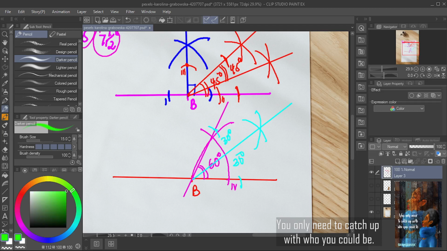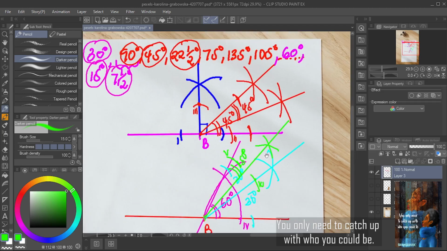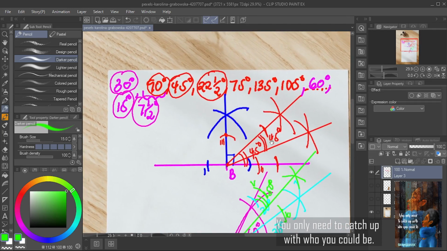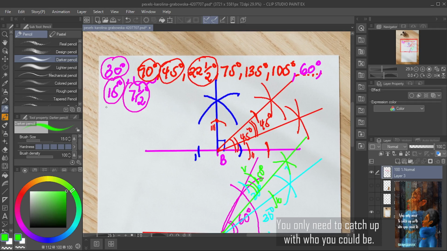If I bisect the 30 degrees on top by standing at B and making that arc, and then standing at point 5, making an arc, and standing at point 6, and making an arc, and then I draw that line, it is going to bisect that 30 into 15 degrees, and if you do the same for 15 degrees you'll get 7.5 degrees. So those angles of 45, 22.5, 30, 15 and so on, these are the derivatives of both 90 degrees and 60 degrees.